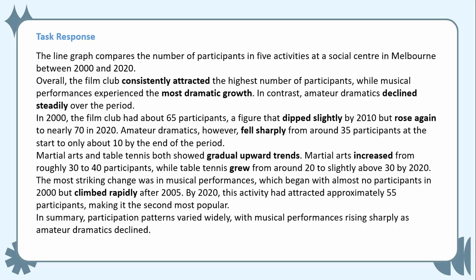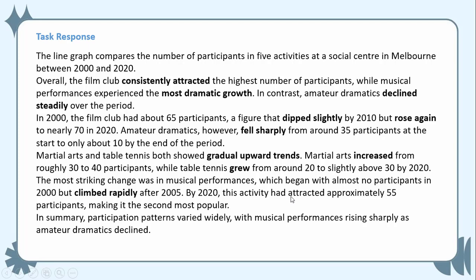Martial arts and table tennis both showed gradual upward trends. Martial arts increased from roughly 30 to 40 participants, while table tennis grew from around 20 to slightly above 30 by 2020. The most striking change was in musical performances, which began with almost no participants in 2000 but climbed rapidly after 2005.